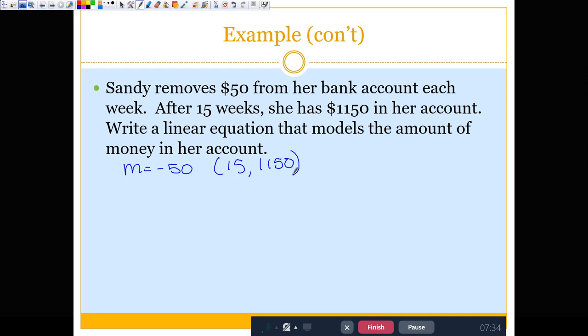We got an m, we got a point, we need to find b. So we're going to use our equation y equals mx plus b and substitute the information that I do know. So I have 1,150 equals m, negative 50, times x, which is 15. I don't know b. Negative 50 times 15 is going to give me negative 750.